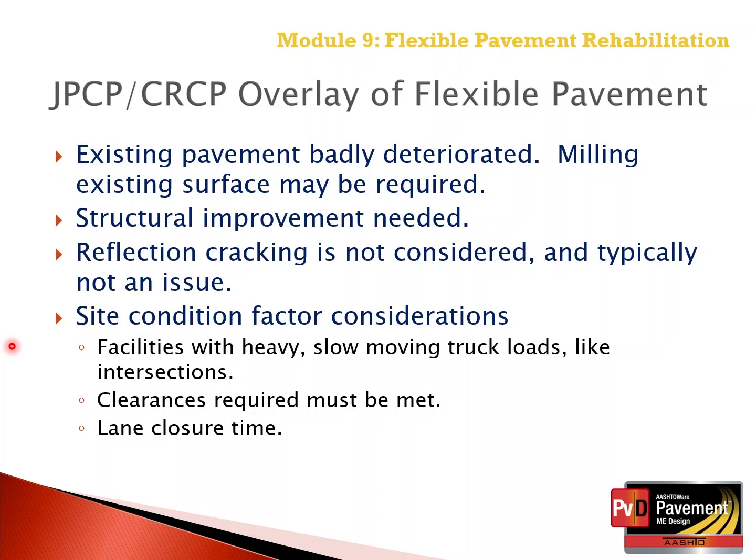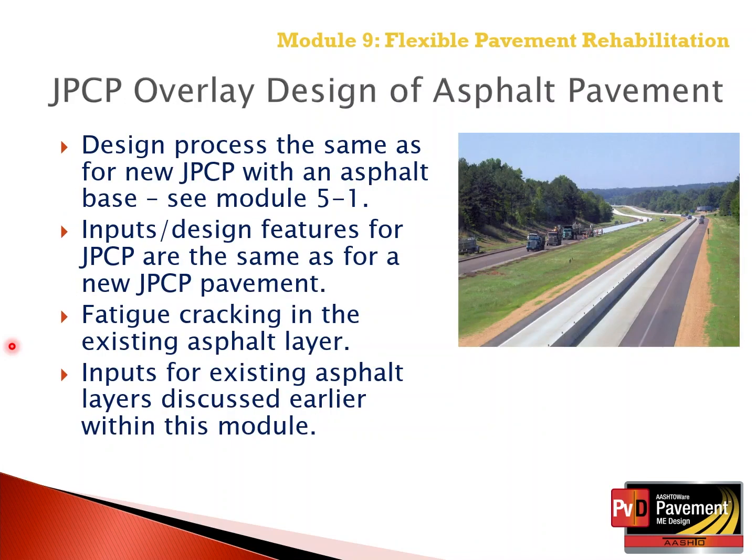And then more importantly, lane closure time for keeping the lane closed for placing a JPCP or CRCP overlay above the flexible pavement. So these are all considerations that need to be included for designing concrete overlays of flexible pavements. The design process for the JPCP overlay design is the same as for new jointed plain concrete pavements with an asphalt base.